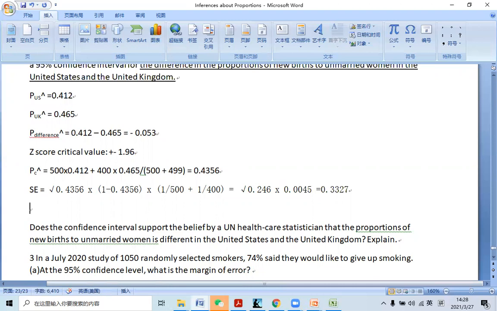The lower boundary is negative 1.96 standard deviations below the mean.